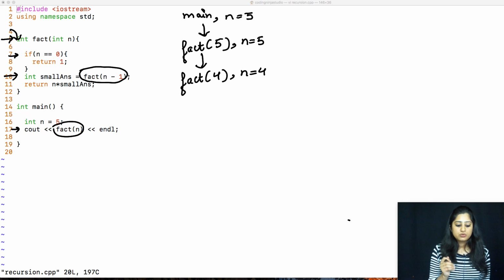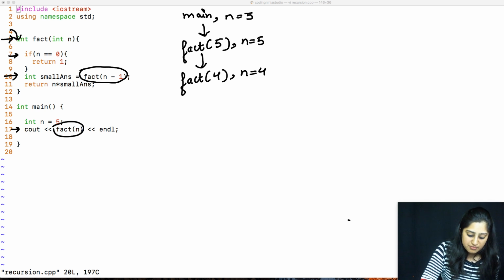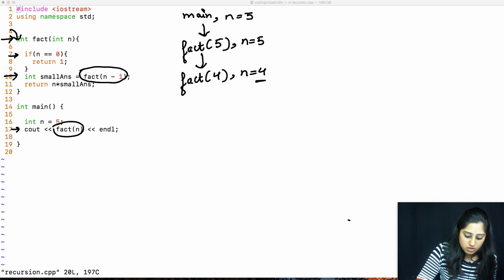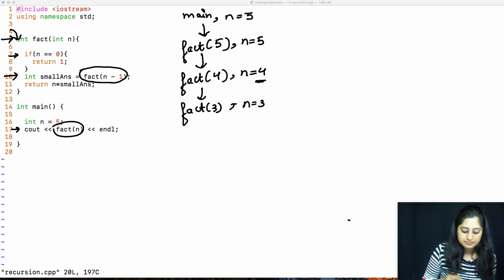Next I will come up to line number 7 and check if 4 is equal to 0. No, 4 is not equal to 0. I will move to line number 10, and this time I need the small answer, factorial n minus 1. N for this call was 4, so n minus 1 will be 3. So I will call factorial 3 with n as 3.